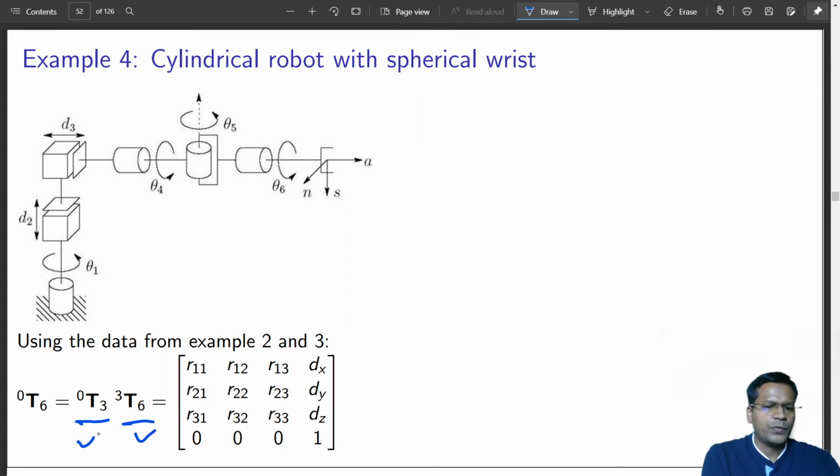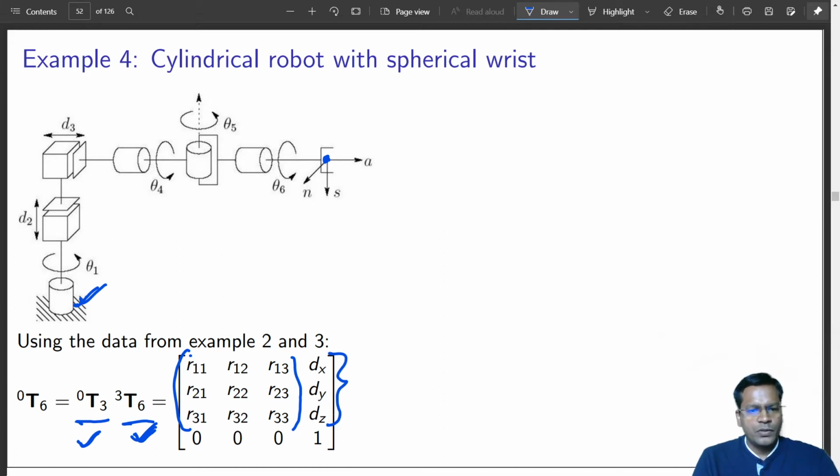This is for the positioning robot, the cylindrical robot of example 2, and this is for the spherical wrist. Take the product and you will get the end effector pose. Pose means position and orientation with respect to the ground frame, so this gives you a set of orientation and position combined together.